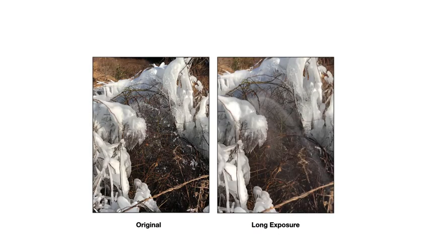Here's an example. On the left is my original live photo. And you can see that, well, you can't see the pipe, but that's water shooting out of a pipe and it's been very cold, so a lot of it is frozen. But you can see the individual droplets. When I went to the Photos app and went to the special effects there, I chose long exposure.